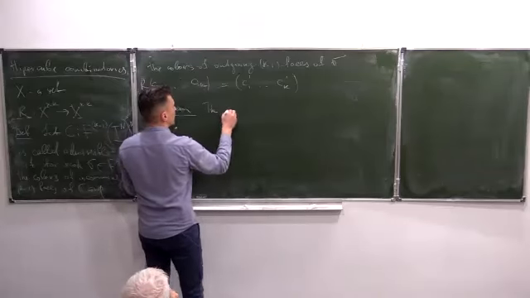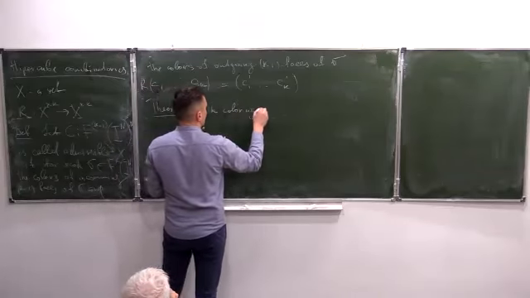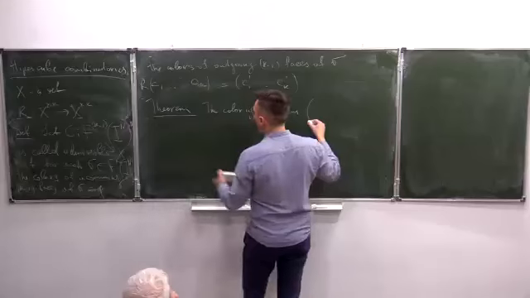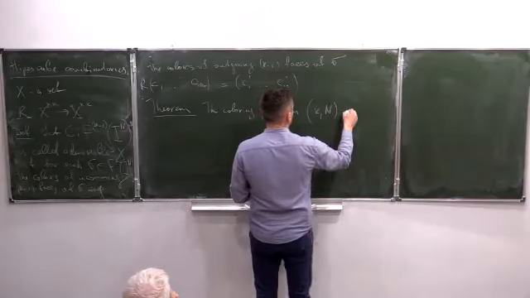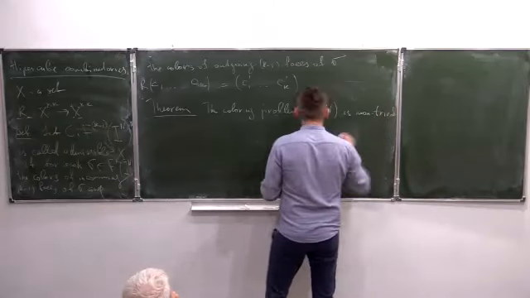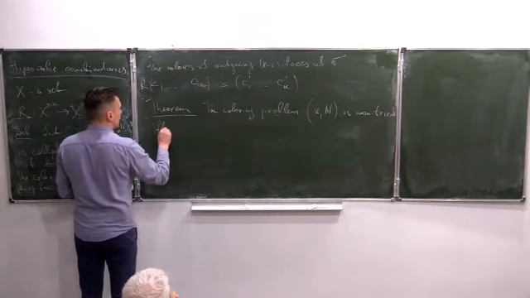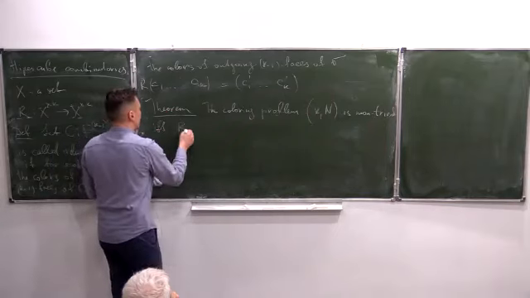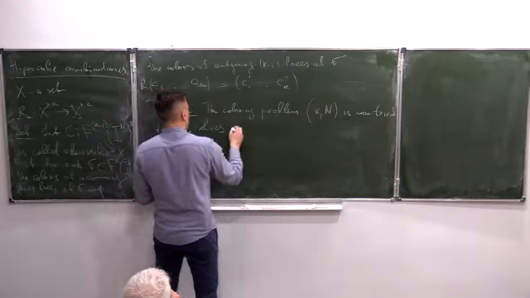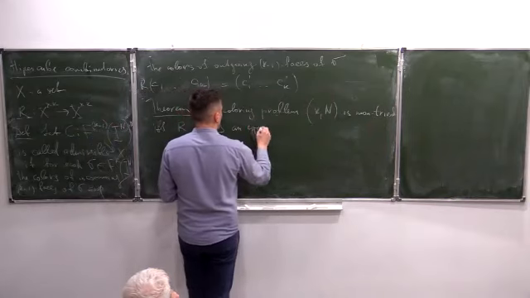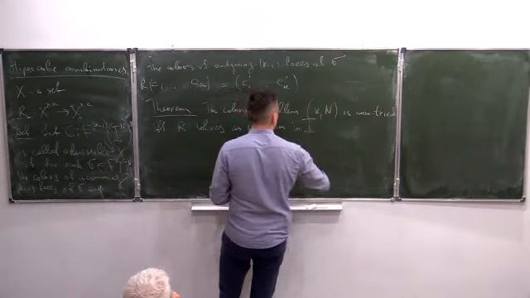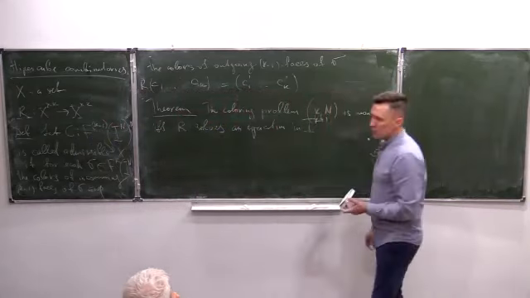The coloring problem Kn is non-trivial if and only if R solves an equation in some k plus 1 cube.